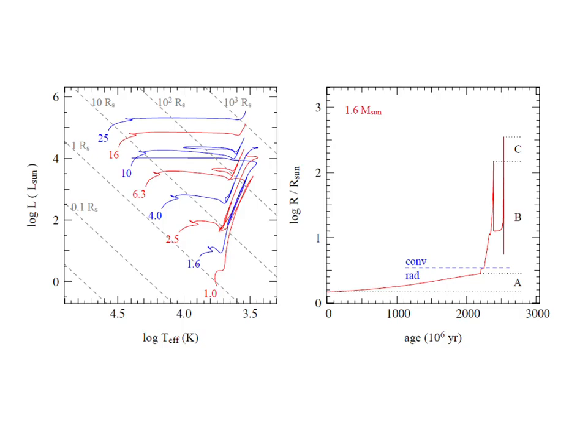there is this jump, this little feature here, and that is due to the core in stars that have convective cores collapsing a little bit.